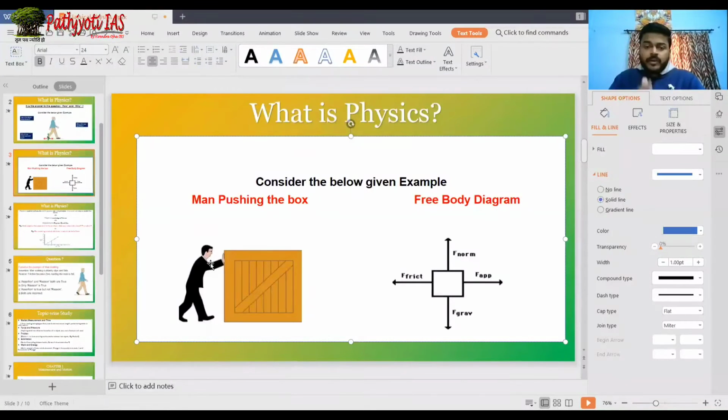So can we not say that force is something which influences the motion of an object? We can deduce from this example itself that the applied force caused the box to move. That means force can change the motion of an object. It does not only mean that it can bring an object to motion, it can even stop an object.